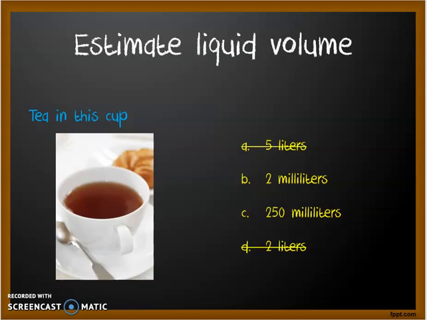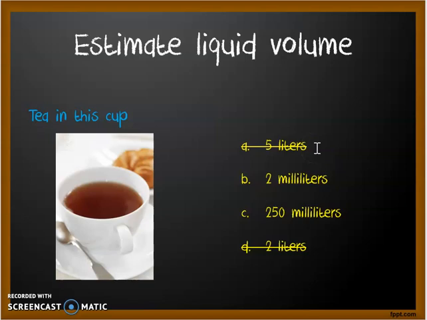Hopefully you realized that 5 liters and 2 liters are completely unreasonable answers, because that 2-liter bottle of Coke that we saw in the previous screen was a lot of Coke, and there's no way that this teacup is anywhere near that much. So 2 liters and 5 liters are not appropriate.